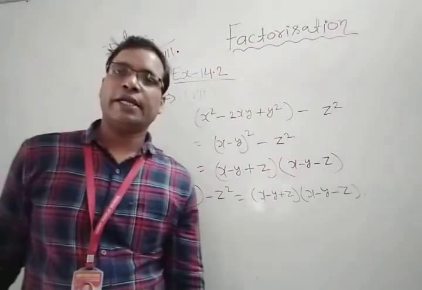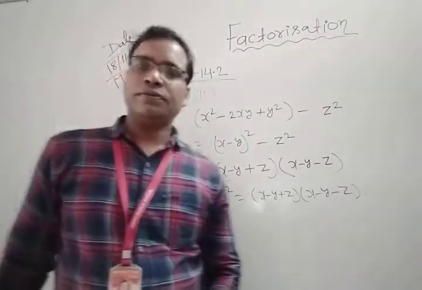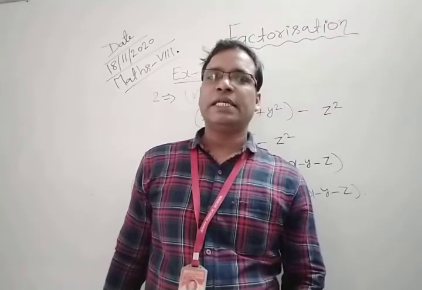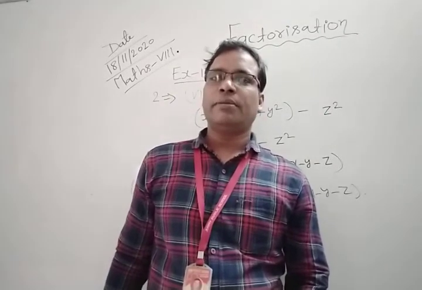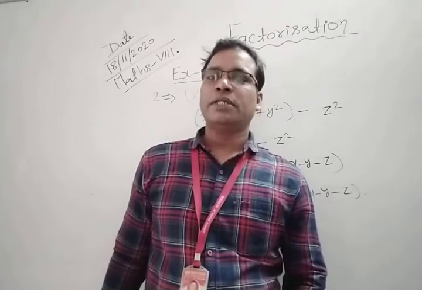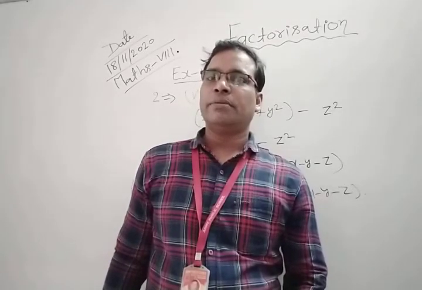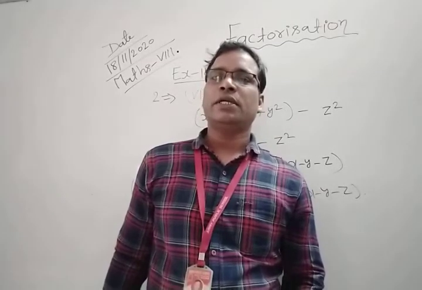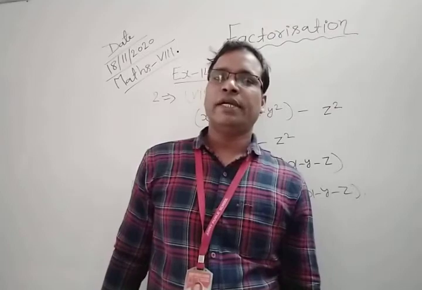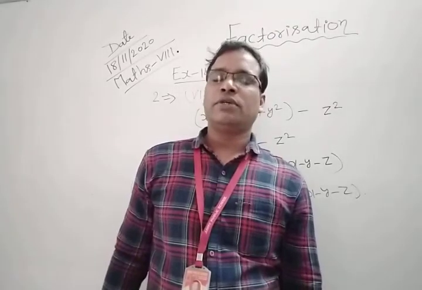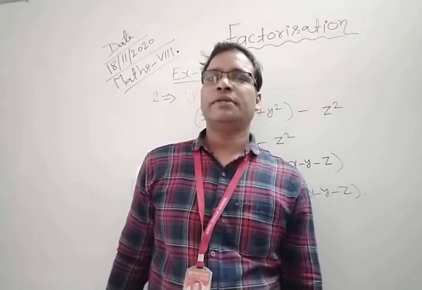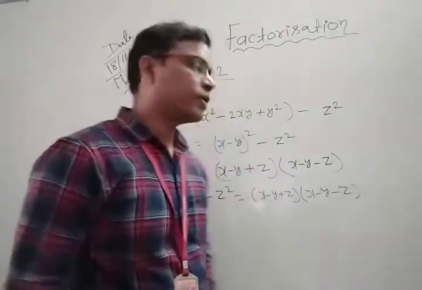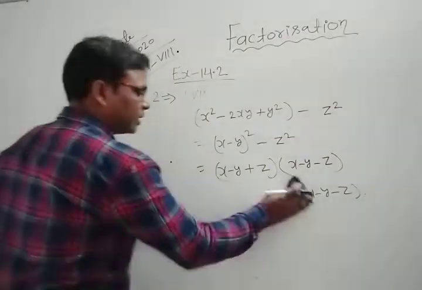Now the 8th part of question number 2. What is the 8th part of question number 2? The 8th part of question number 2 is 25a square minus 4b square plus 28bc minus 49c square. Okay, so let's see how to find the factors of 25a square minus 4b square plus 28bc minus 49c square. This is the last part of question number 2.